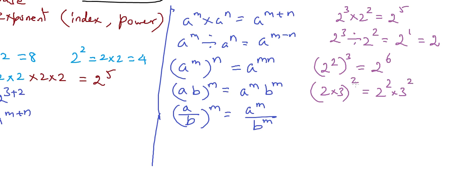So we need to apply the power to each factor inside the bracket. And 6 by 2 whole power 3 is equal to 6 power 3 by 2 power 3. Same way we need to apply the power to both numerator and denominator.